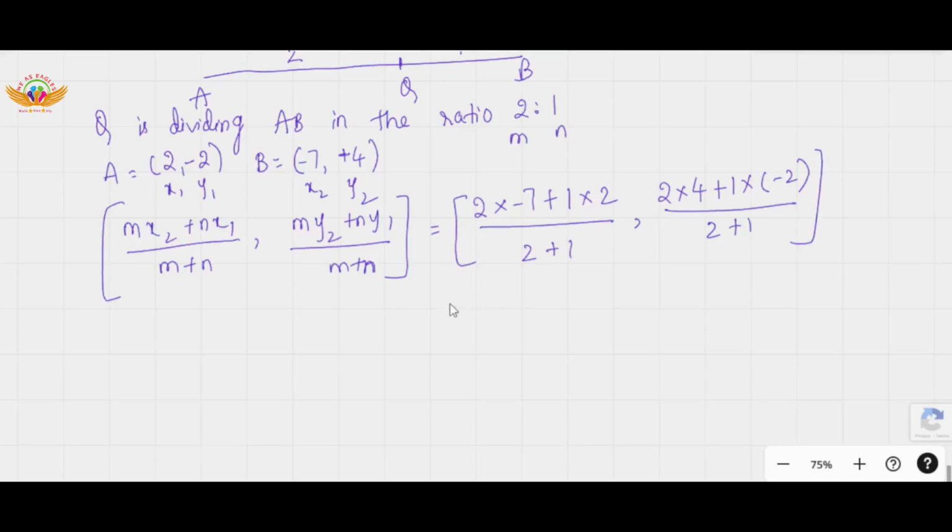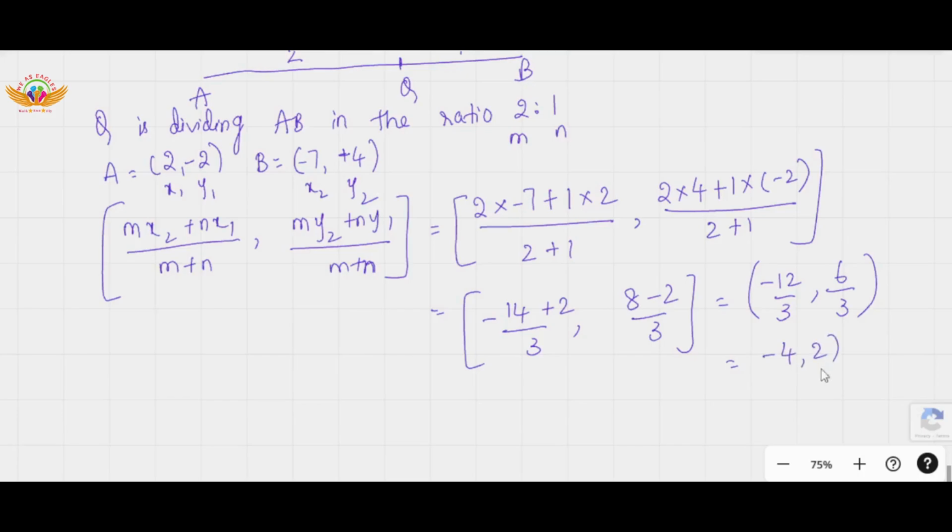Done. That is minus 14 plus 2 by 3, 8 minus 2 by 3. Minus 14 plus 2 is how much? Minus 12 by 3 comma 6 by 3. So that becomes minus 4 comma 2. So this is the Q point. Now I got my Q point.